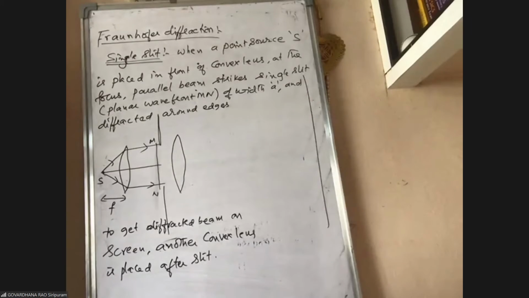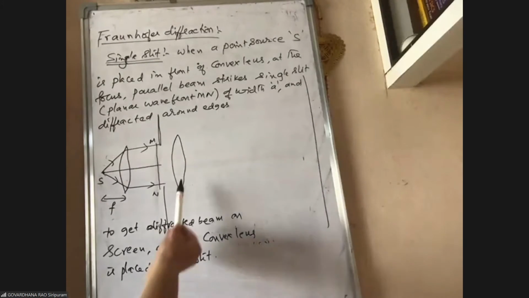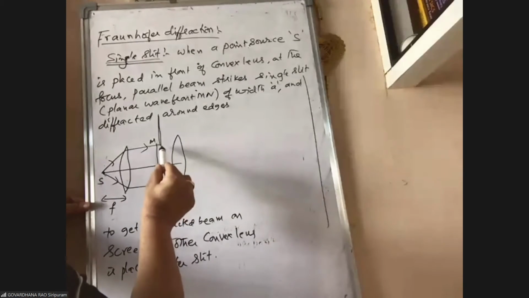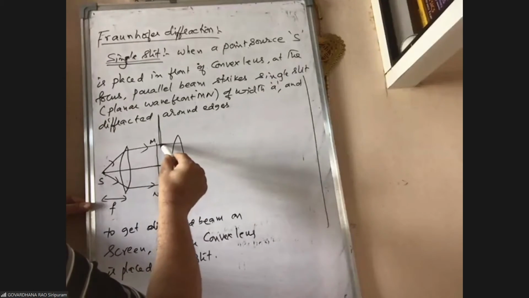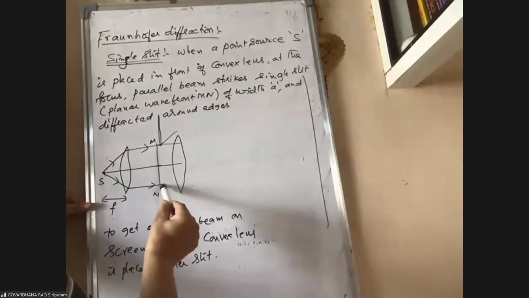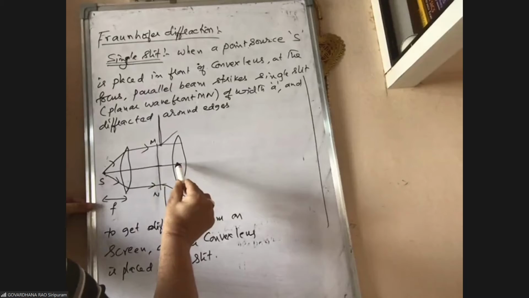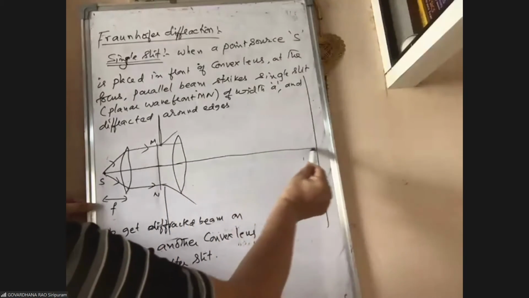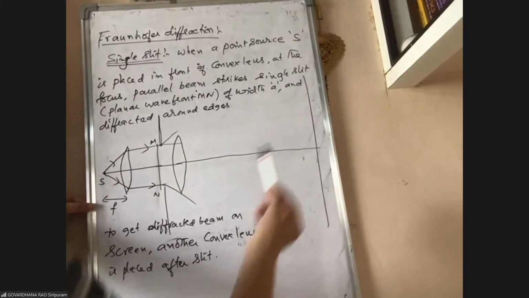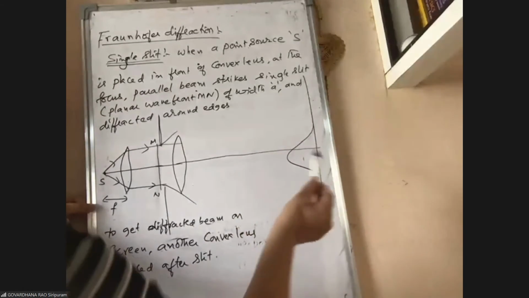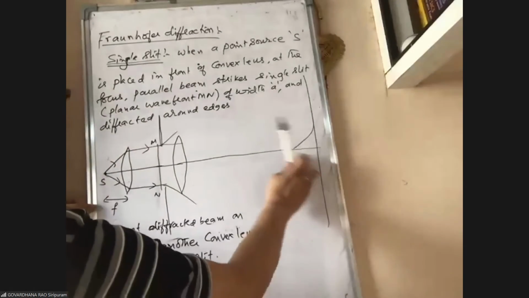You are placing it here. So these waves, the parallel beam strikes like this. Some of the rays are diffracted like this. So the rays which are striking parallel will get focused here. And you will observe a central maximum like this. You will get the central maximum.